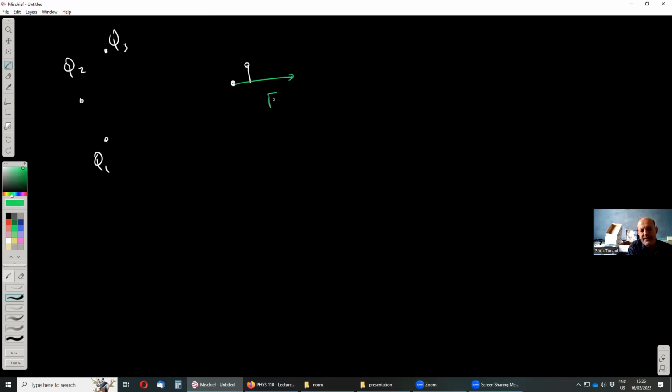This is F net. So that force can be written as 1/4 pi epsilon 0 Q1 times little q divided by some distance squared times some unit vector plus the other expressions.